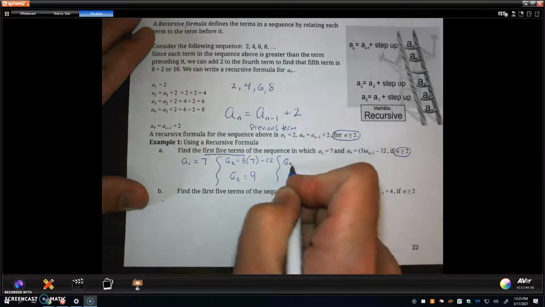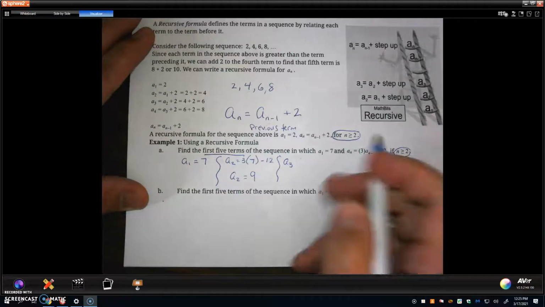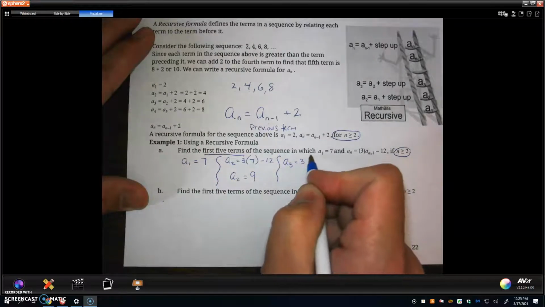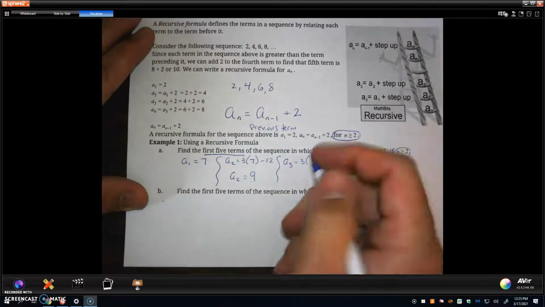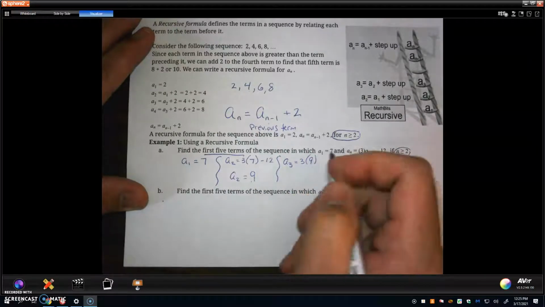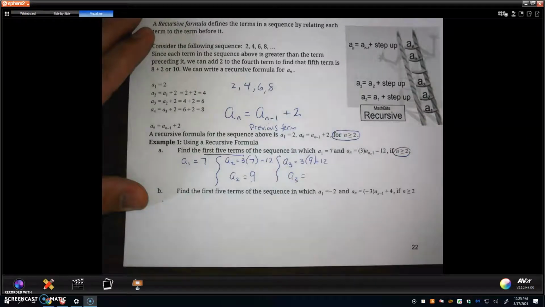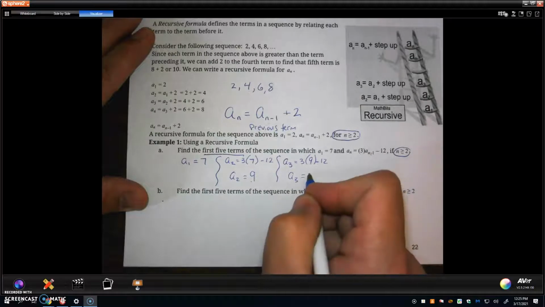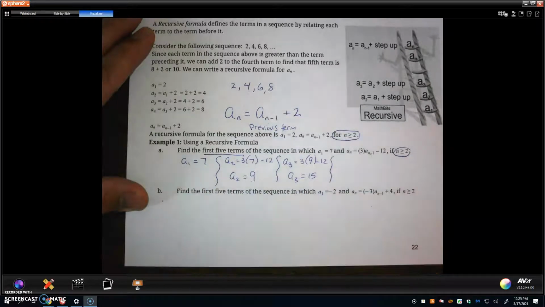To find the third term, the rule says to do 3 times the previous term. Now when I go to do the previous term, I'm now looking at a sub 2. So we're going to do 3 times 9 minus 12. If you use your calculator or mental math, that will give you 15. So far we have a sequence of 7, 9, 15.